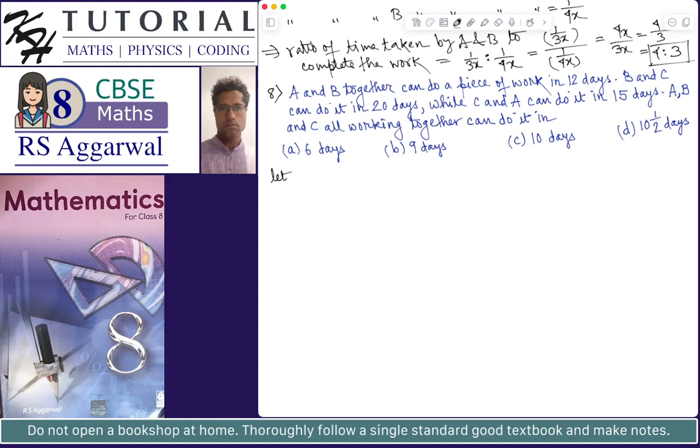Let the work done by A in 1 day be equal to X, the work done by B in 1 day be equal to Y, and let the work done by C in 1 day be equal to Z.